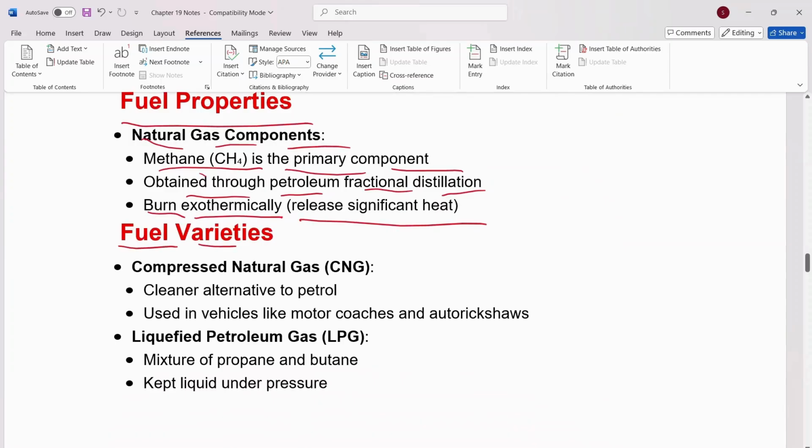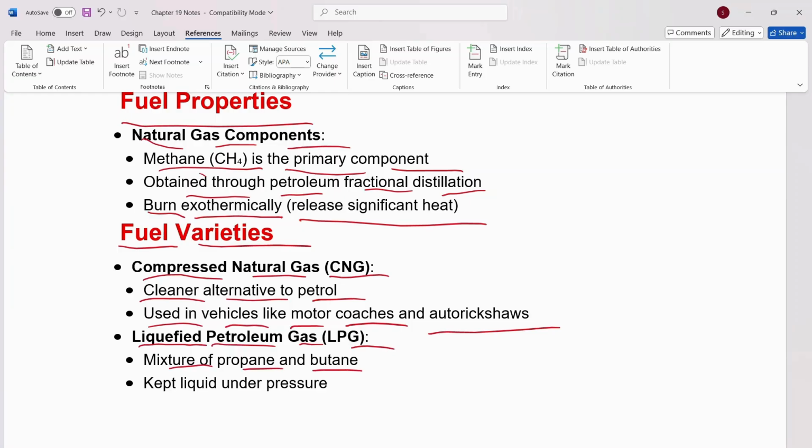Now let's talk about fuel varieties. Compressed natural gas, CNG, a cleaner alternative to petrol, used in vehicles like motor coaches and auto rickshaws. Let's talk about liquefied petroleum gas, LPG. It's a mixture of propane and butane, kept liquid under pressure.